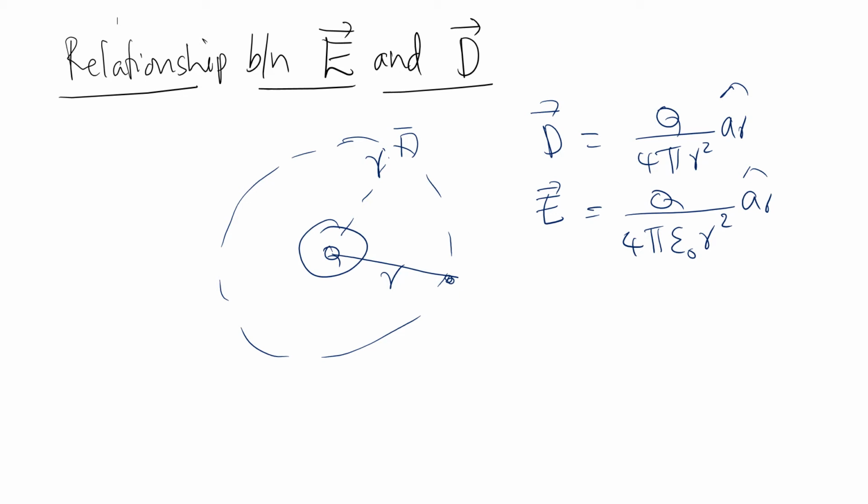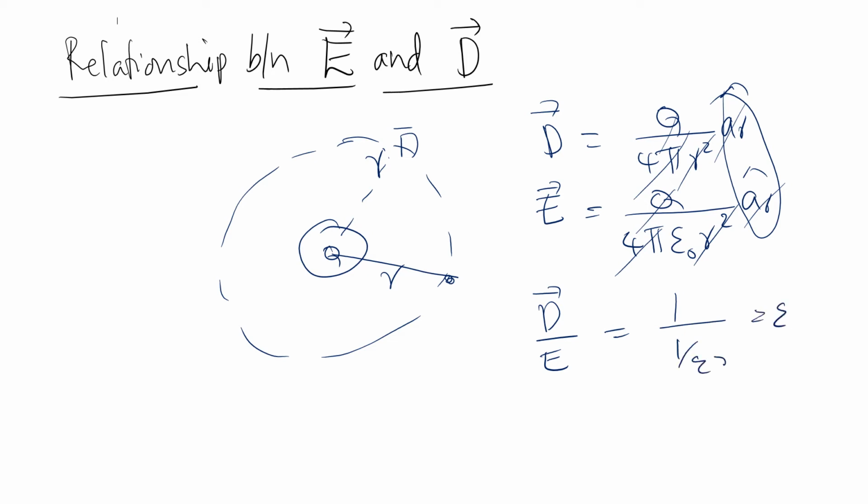So if you find D by E, first equation divided by second equation, Q gets cancelled, 4 pi gets cancelled, r square gets cancelled, and a_r cap too, since they are in the same direction. So only left is 1 divided by 1 by epsilon 0, or it is epsilon 0.